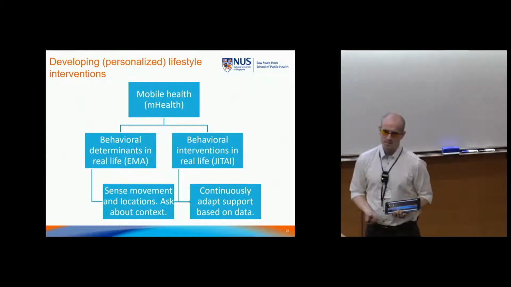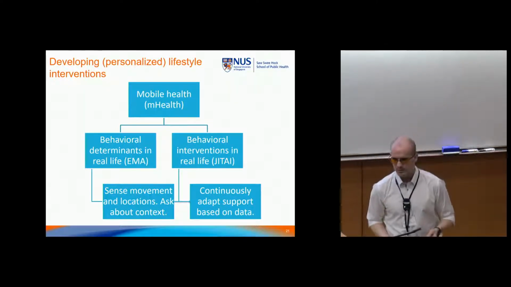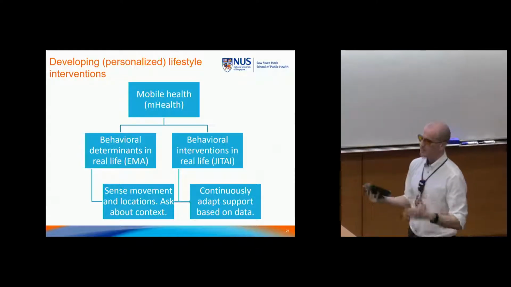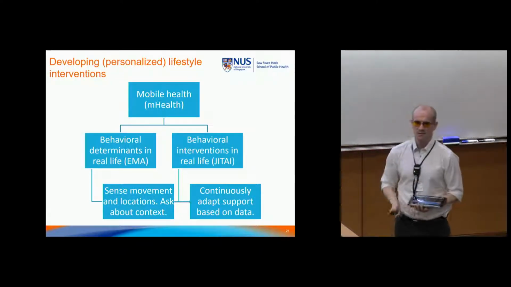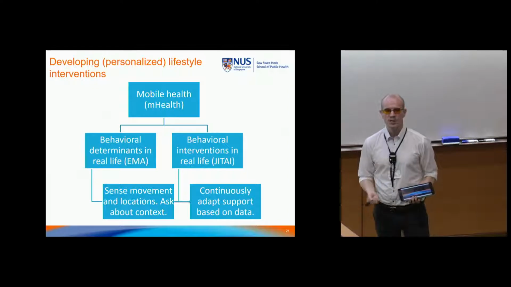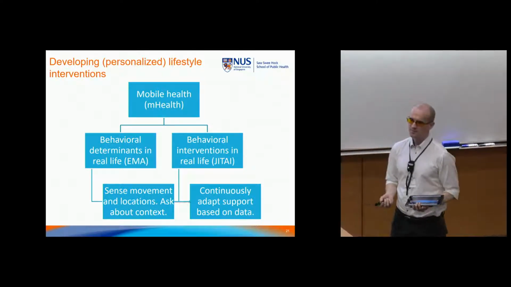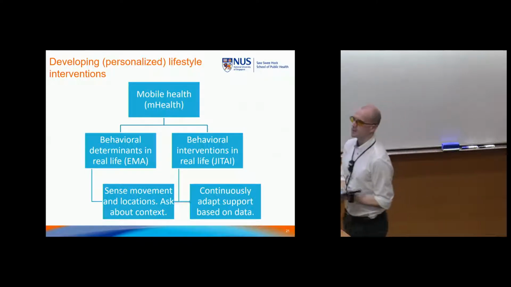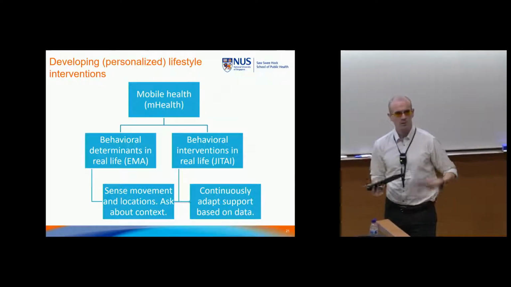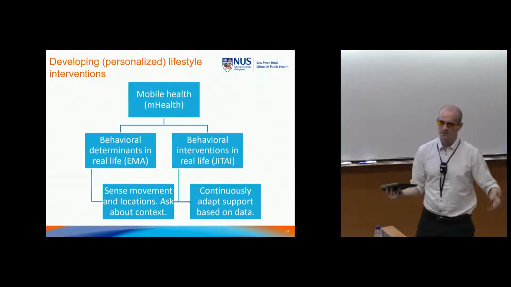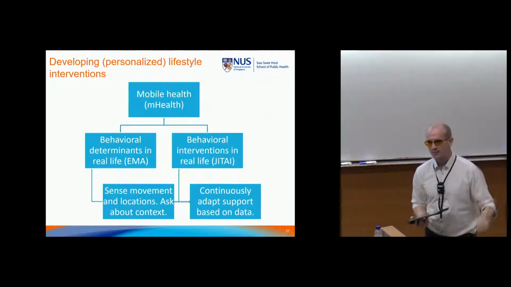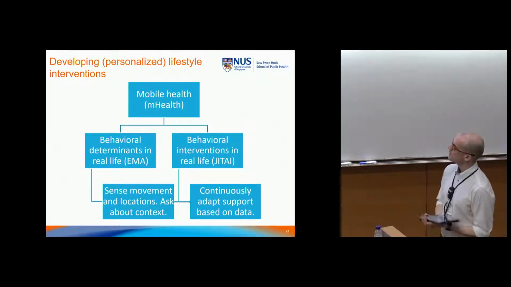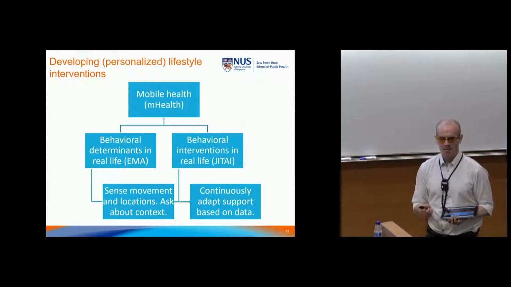When we think of mHealth and how it can be useful for us, we are thinking of these broad methodological concepts. The first one is ecological momentary assessment, EMA. Essentially it's about collecting information on individuals' behaviors and all the diverse influencing factors through sensor technologies and through surveys based on mHealth.